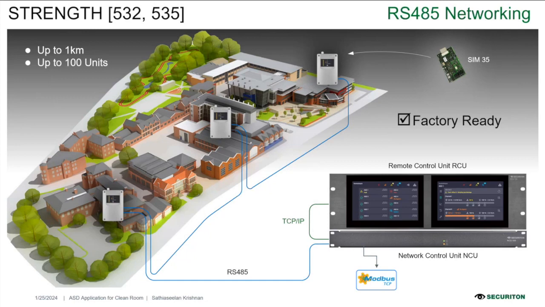We call it RCU. It can display and show all the information, and we also release a Modbus protocol for third-party monitoring as well. So this remote control unit makes for easier maintenance from one point, rather than going to each and every ASD.